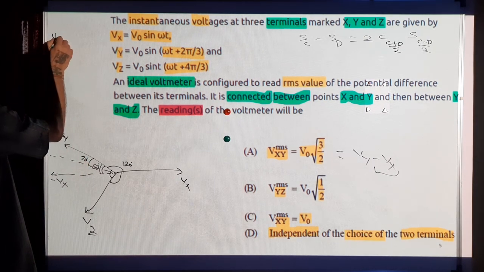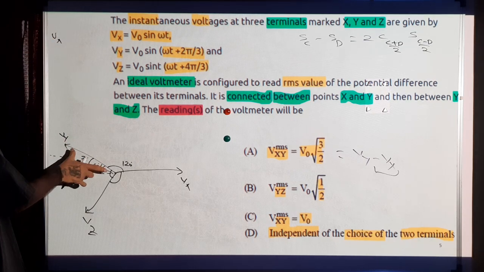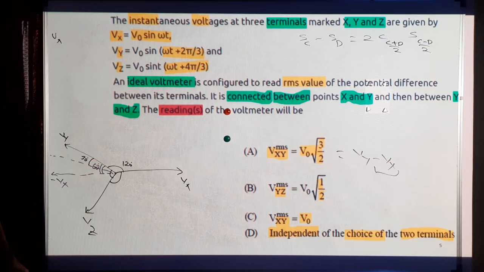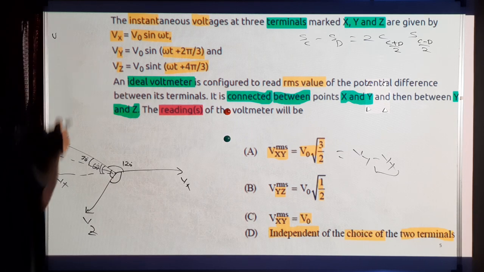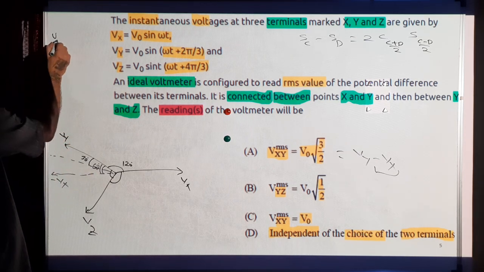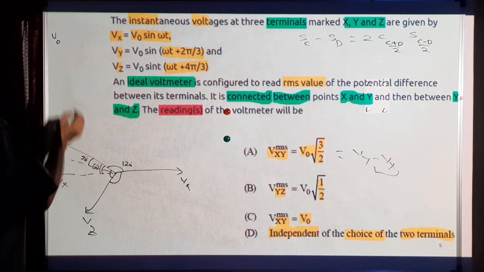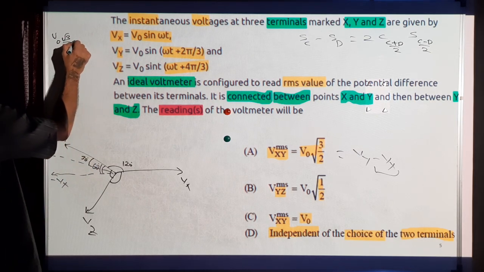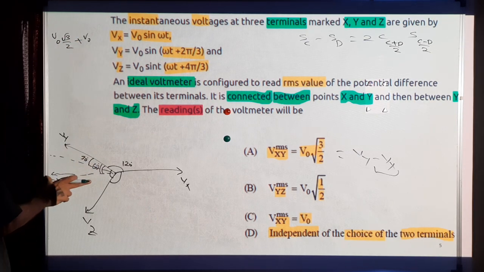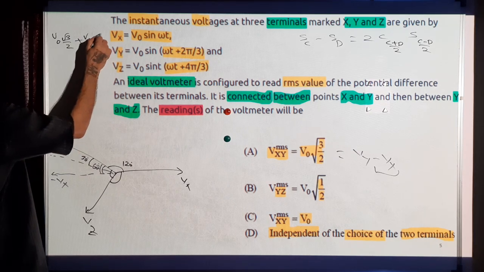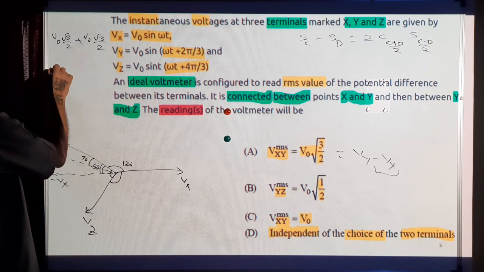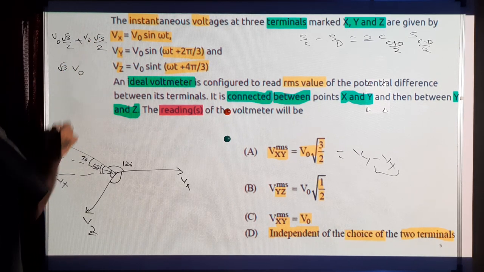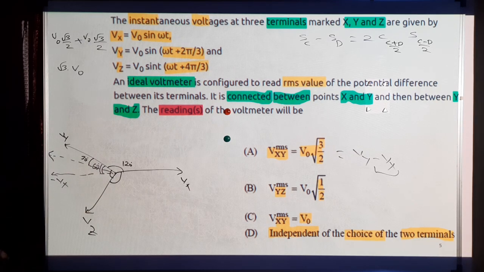The length of the vector is the amplitude V naught. So the contribution from Vy will be V naught cos 30, which is root 3 by 2, and the length of the other vector is V naught, again root 3 by 2. So it is root 3 times V naught is the length of this vector.